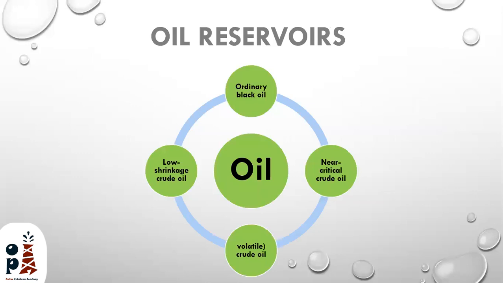For oil reservoirs, as we mentioned, we have about four types of oil reservoir fluids: the ordinary, the low shrinkage, near critical, and volatile crude oil. But actually, in the industry we deal with only two types of oil reservoir: the black oil and the volatile oil.